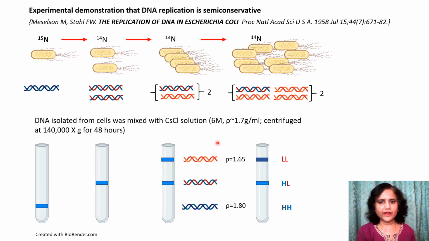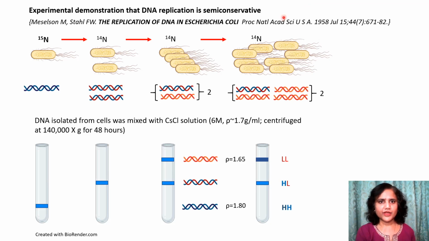On an additional generation, again heavy-light and light was formed. This time there was more of the light DNA being formed. And of course, heavy was never recovered again. So these results were consistent with a semi-conservative mode of DNA replication.